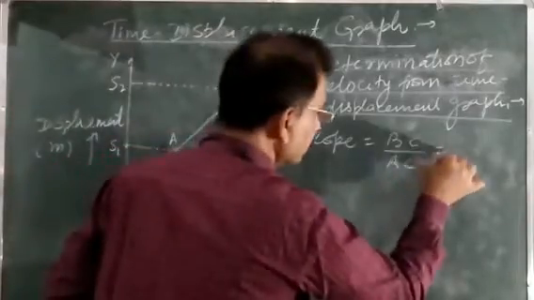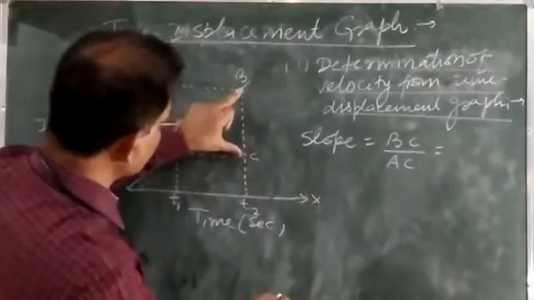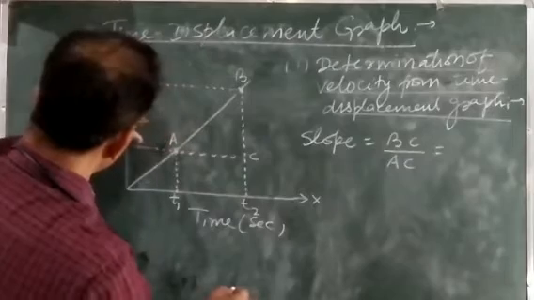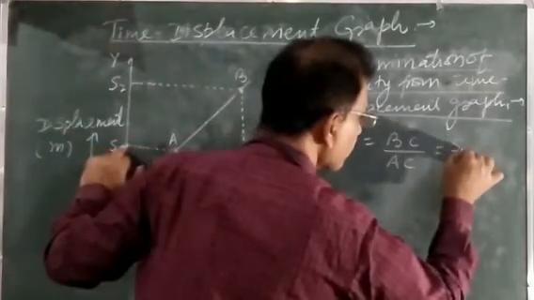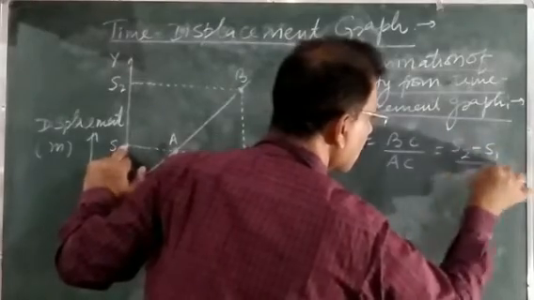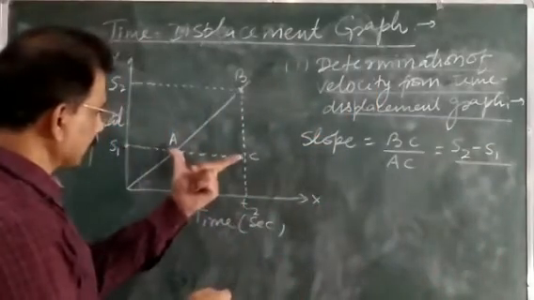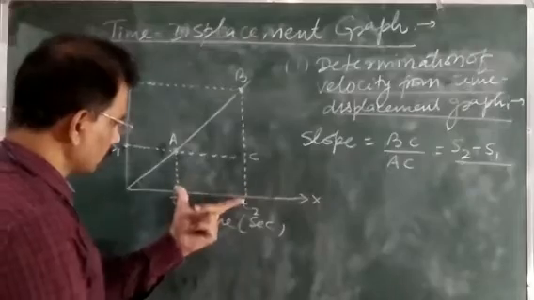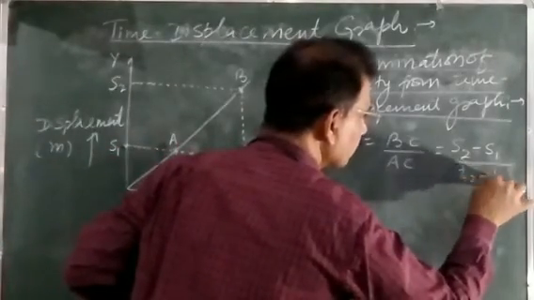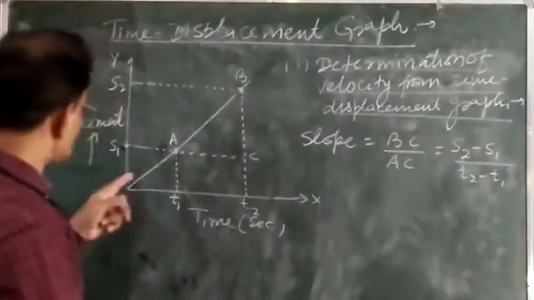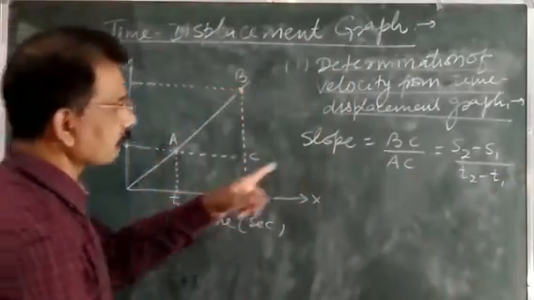And what is this BC? BC is this one. So this one is equal to S2 minus S1 upon AC. AC is this one. This one is T2 minus T1. It means the slope of this line AB is what here?